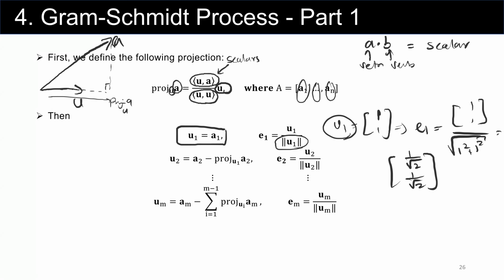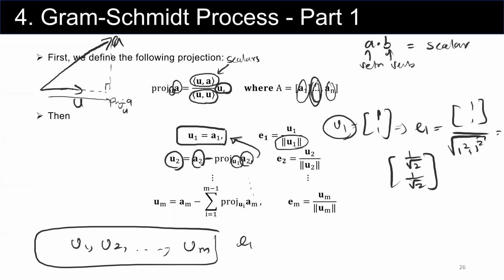U sub 2 is equal to A sub 2, the second column of matrix A, minus the projection of A sub 2 on U sub 1. We keep doing this and we find U sub 1, U sub 2, up to U sub n, and also E sub 1, E sub 2, up to E sub n.